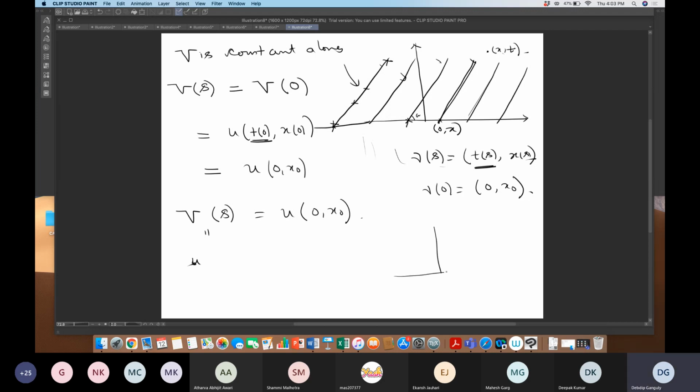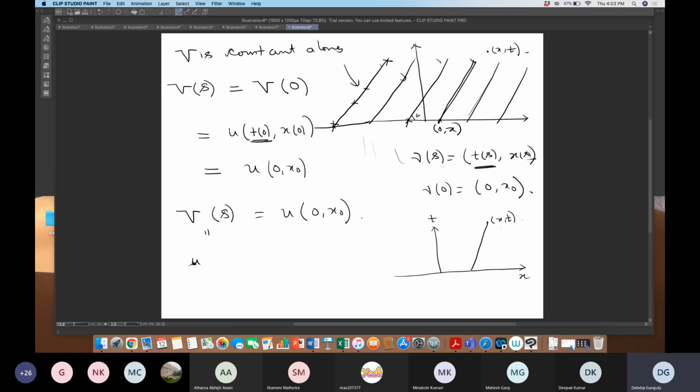So I again draw the picture. This is x, this is t. Take any point x, t. How will you find u of x, t?